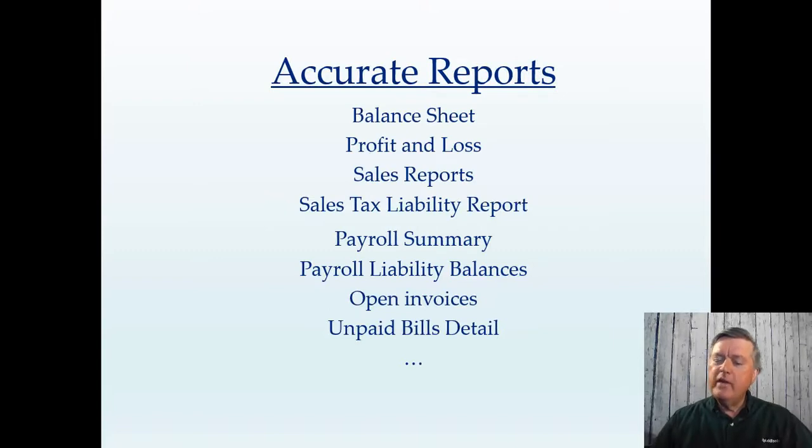So we put information into QuickBooks in the forms that we create: checks, invoices, bills, and so forth. That puts the information in. But then when we want to get information out to help us answer our business questions, we're going to look at different reports in QuickBooks to do that.